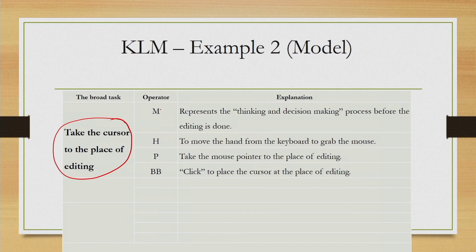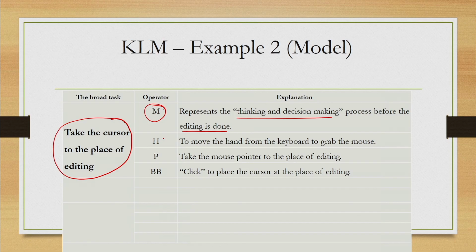So, then first thing is mental operator M, which represents the thinking and decision making process before the editing is done. So, we are making a decision that editing is required and we need to do it. So, we have to do certain steps. So, that decision is represented by M.